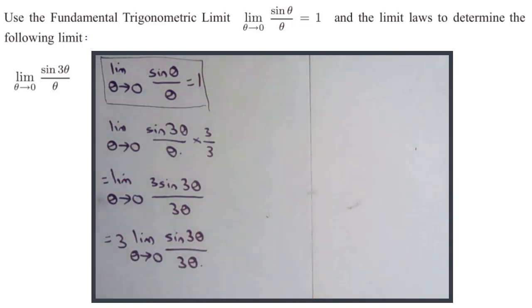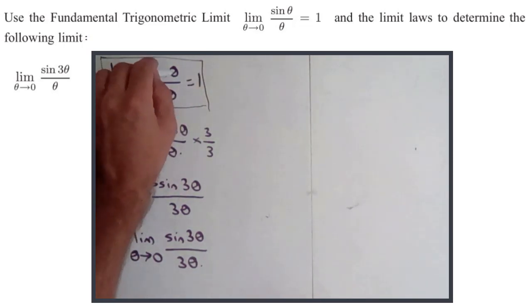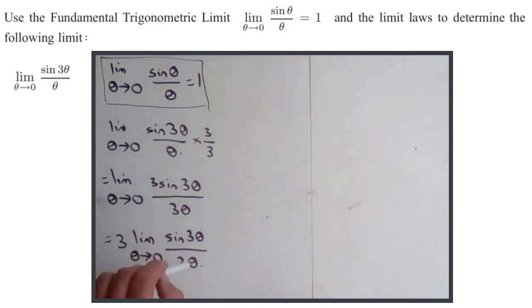Now if we compare this limit to this limit, we're nearly there. We've got the same thing here and here, the 3 theta over 3 theta. The problem is this bit here, theta approaching 0. But if you think about it, as theta approaches 0, 3 theta also approaches 0. We're talking about getting really, really close to 0, like zooming in on a graph 1,000 times.